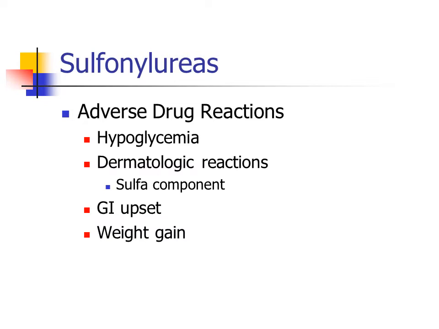That being said, patients who are allergic to sulfa antibiotics may still tolerate a sulfonylurea. You'd have to definitely do a risk-benefit in someone who has an anaphylactic type reaction to a sulfonamide antibiotic on whether you would want to prescribe a sulfonylurea or go to a different class first. Also, these agents can cause GI upset as well as weight gain.